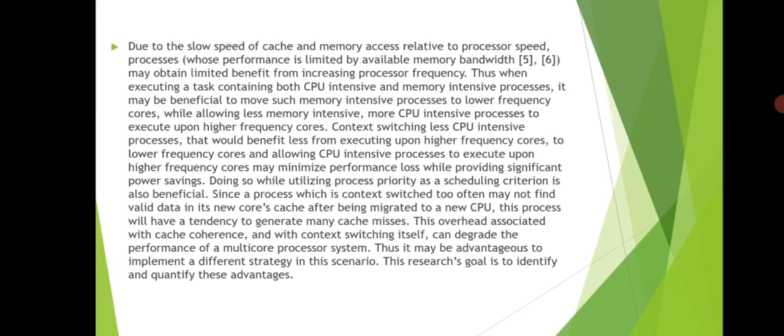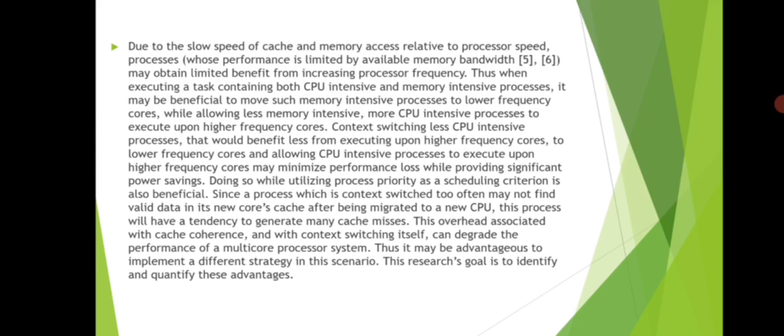Due to the slow speed of cache and memory access relative to the processor speed, processes whose performance is limited by available memory bandwidth may obtain limited benefit from increasing processor frequency. Thus, when executing a task containing both CPU intensive and memory intensive processes, it may be beneficial to move such memory intensive processes to low frequency cores, while allowing less memory intensive, more CPU intensive processes to execute upon higher frequency cores.